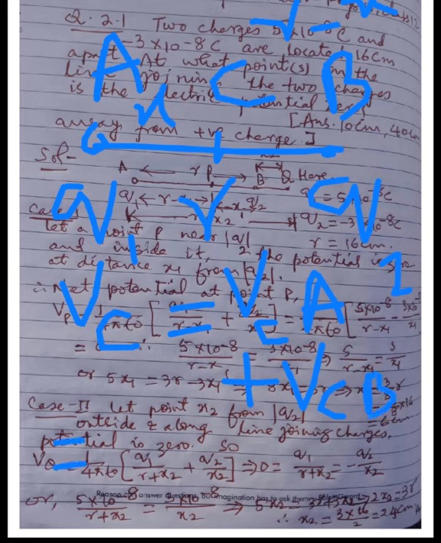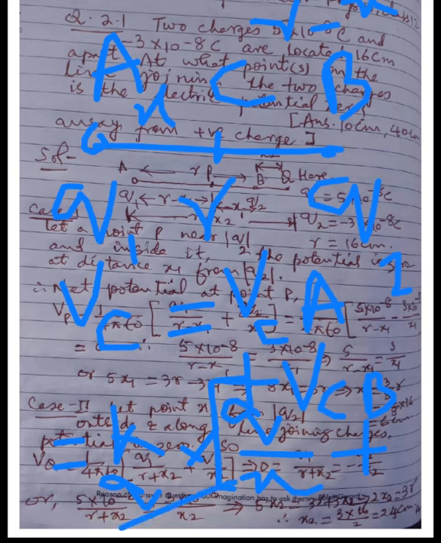Then again you can apply 1 upon 4 pi epsilon naught, or simply write K. Taking K common, the charge at point A is Q1 and the distance CA is x, plus the charge Q2 at point B divided by the distance of B from C, which is R minus x.